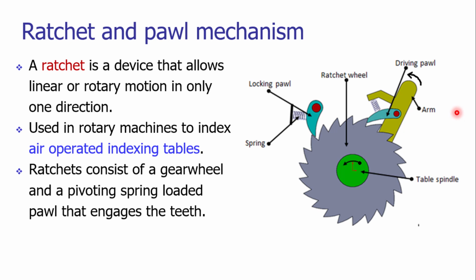So as the driving pawl is driving, the wheel is rotating in anti-clockwise direction. To avoid the rotation of the wheel in clockwise direction, the locking pawl is used. Generally, such arrangements are used in rotary machines which are operated by air, by pneumatics.